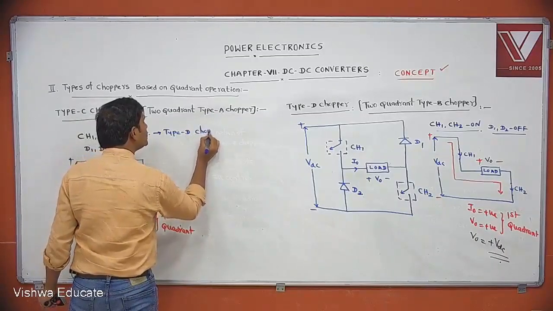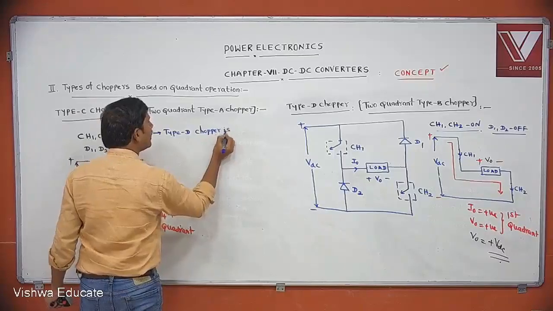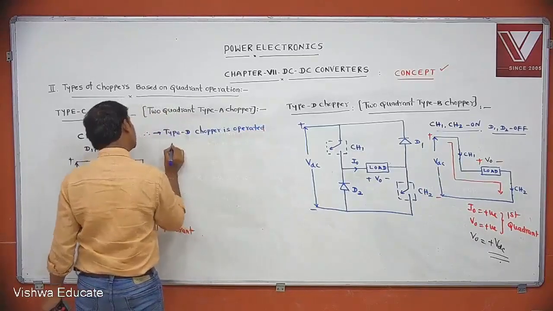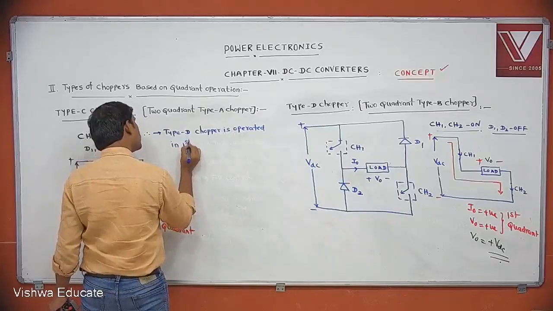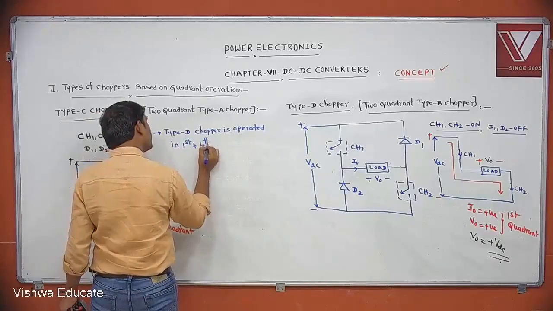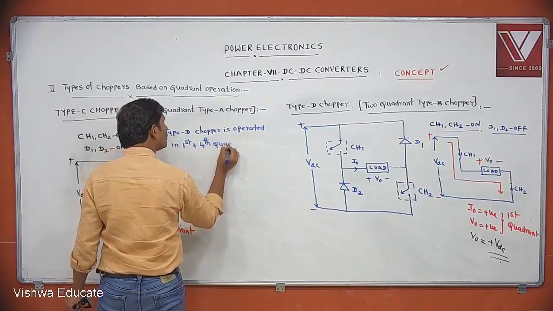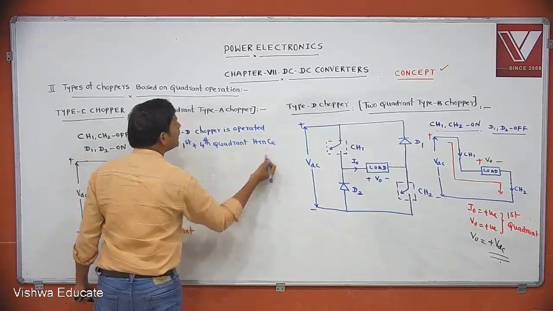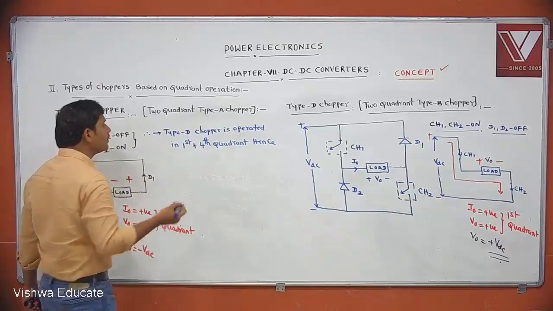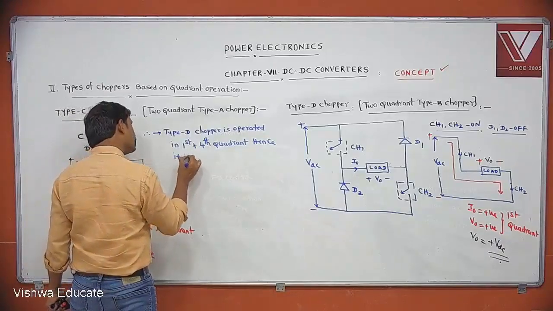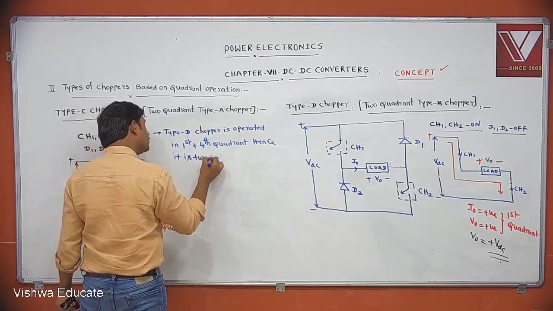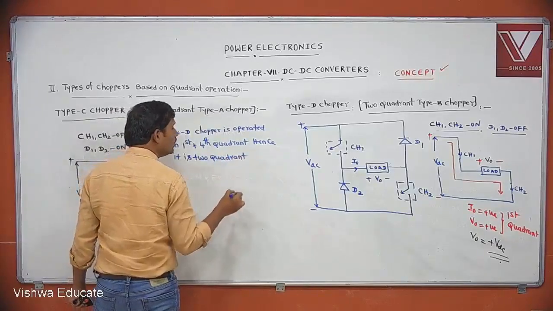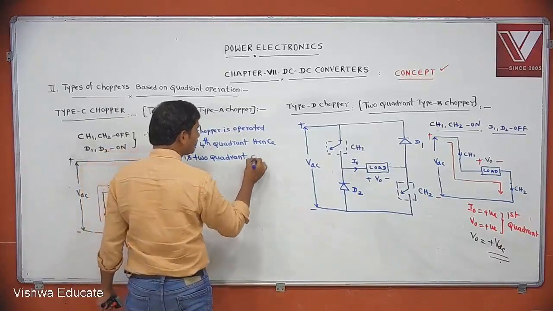Type D chopper is operated in the first and fourth quadrant. Hence, it is a two quadrant chopper. Okay, it is a two quadrant chopper. Or it is also called a two quadrant type B chopper.